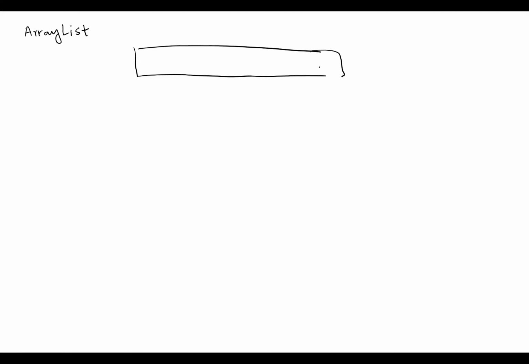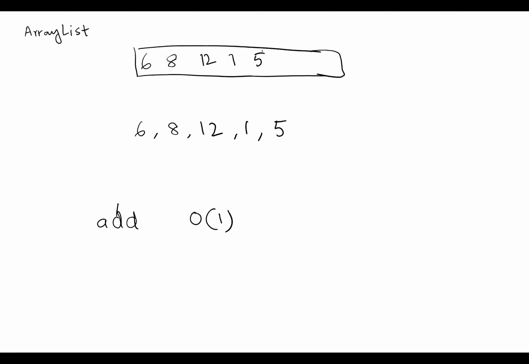So adding to the array list will be order of 1. Let's say my stream is 6, 8, 12, and then 1, 5. So it will be 6, 8, 12, 1, 5.